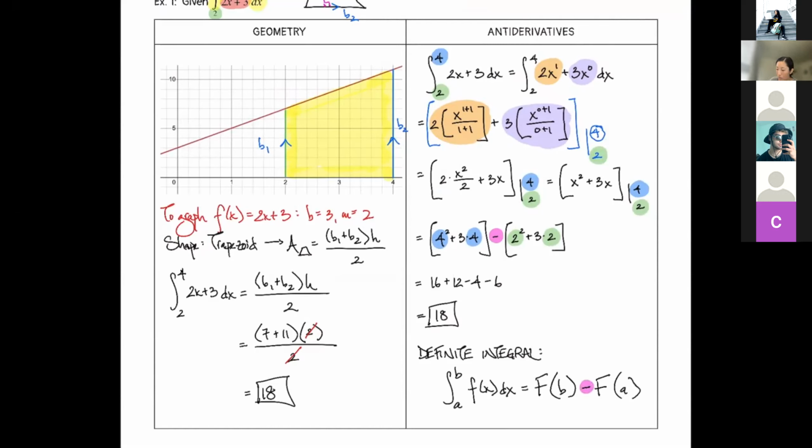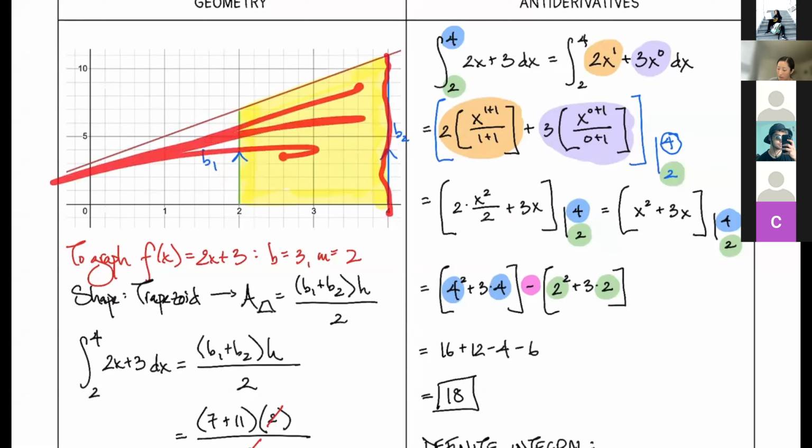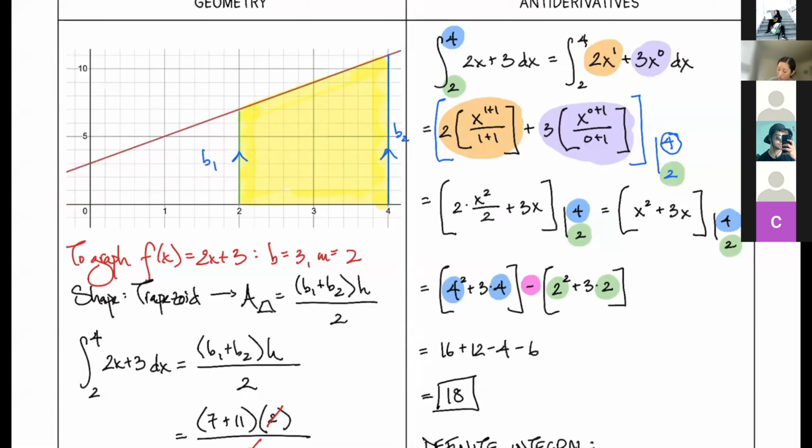However, if we think about what we're trying to find, gosh, what's the best way to describe this? We're trying to find, if we just plugged in 4, then that would be like all the area all the way up to here. So all of the area that came before, all the way up to 4. And if we just have 2, that means it's like all the area up until 2. So if I want to find the area between them, I'm going to subtract them.